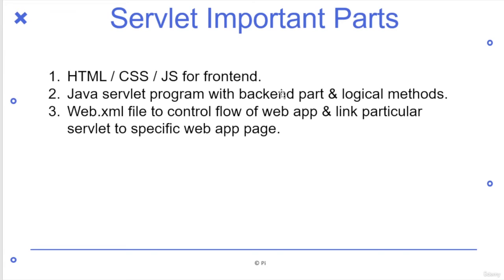Then let me tell you the servlet important part: HTML, CSS, JSP as front end, Java servlet program as backend, and web XML for the control flow. But here I am using pom.xml and web XML. There are two different things here. Pom is for properties and web XML for the control flow for the whole web app.